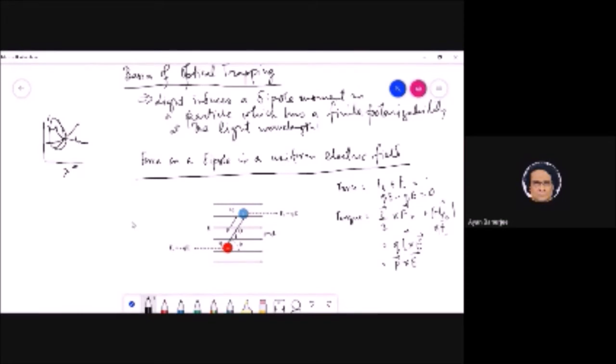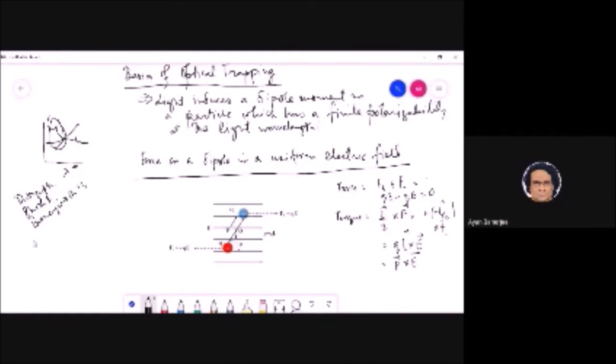By the way, for the reference, I would refer to the book by Ghosh and Banerjee, chapter 13.